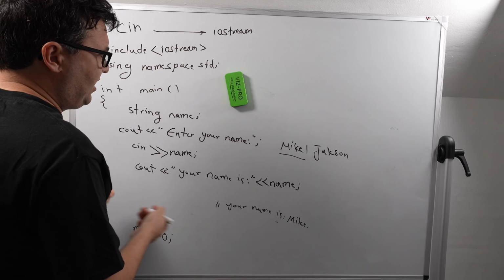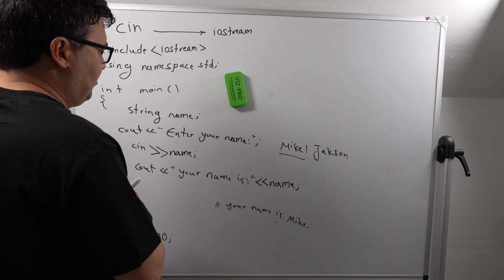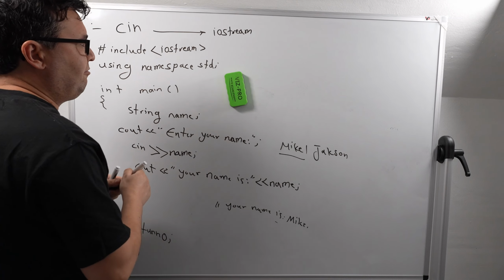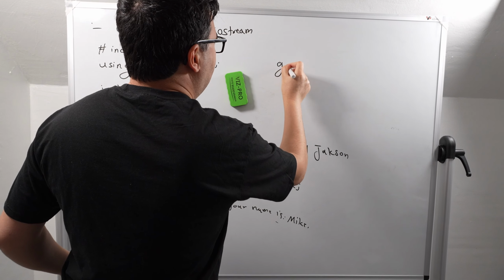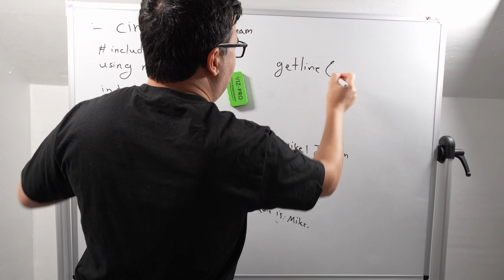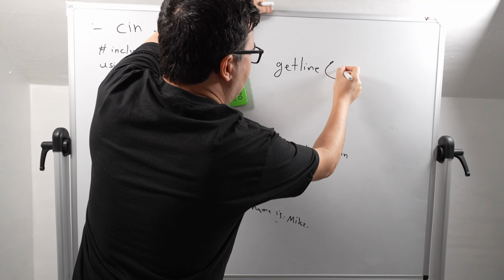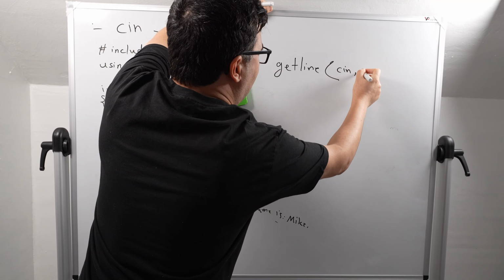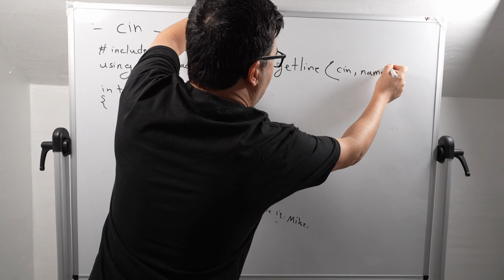So to solve this issue, we have another function which is called getline in C++. The first parameter of this function is cin, and in another parameter we put name.